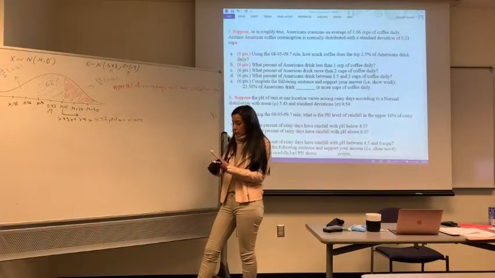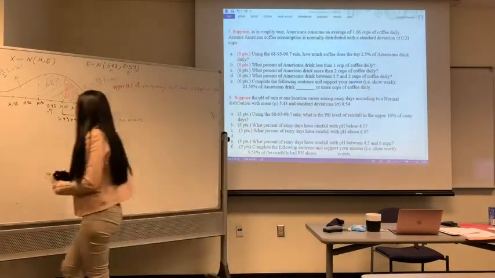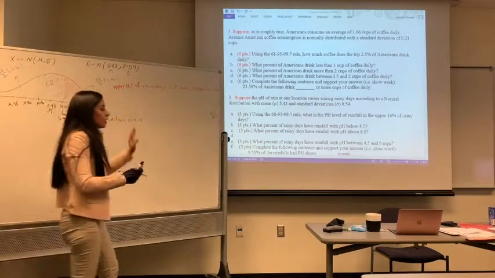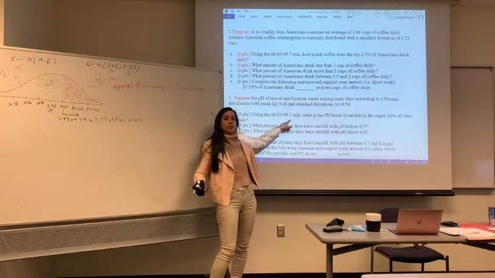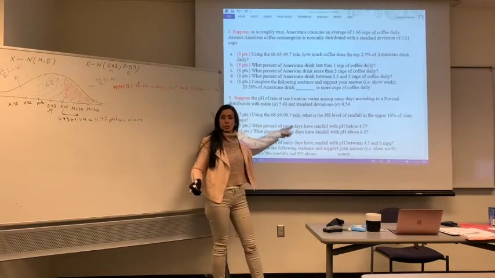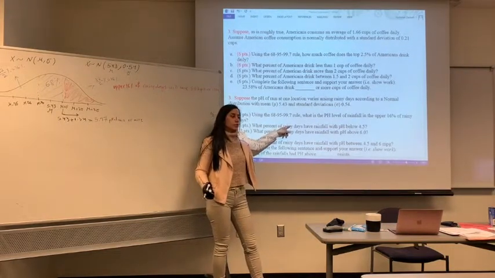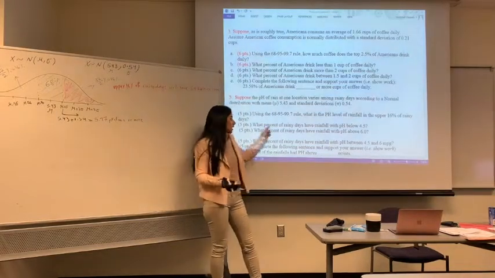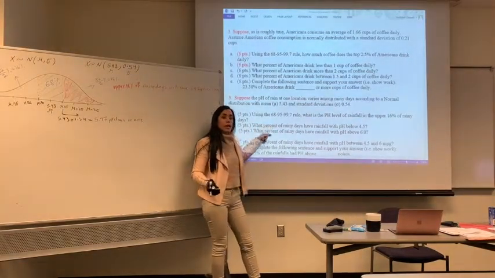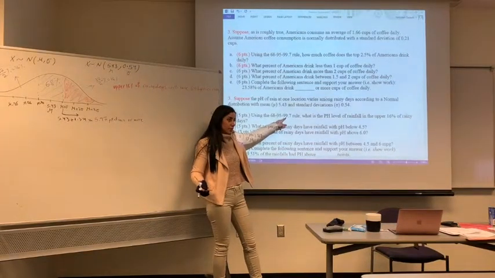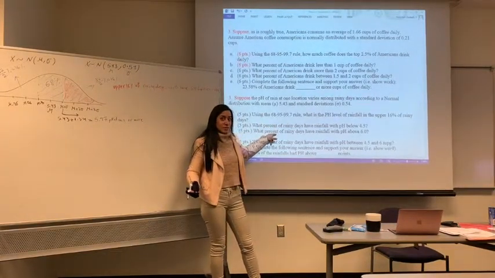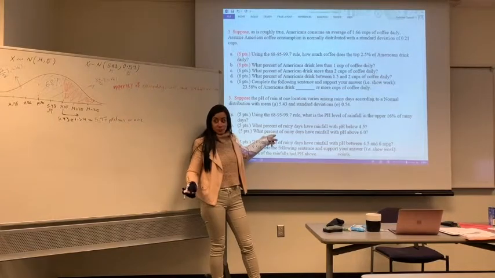So the next question says, okay, so now one thing I should mention here. If in a question I ask you to use this rule, you definitely should use this rule. If in the next part I'm not asking you to use the 68, 95, 99.7 rule, it means you have to use the Z table, correct?